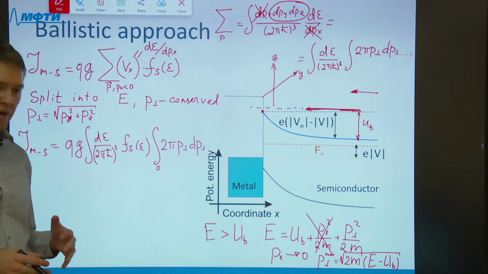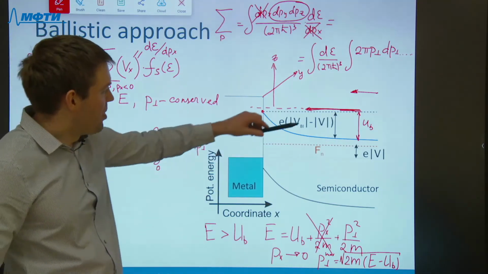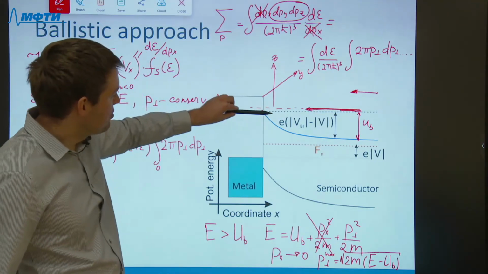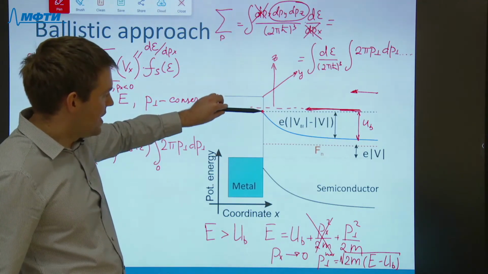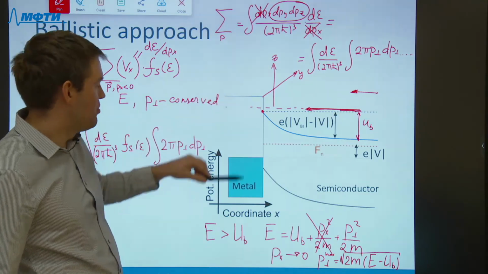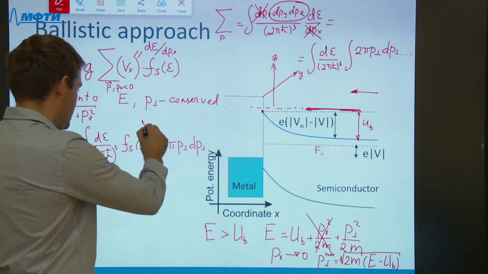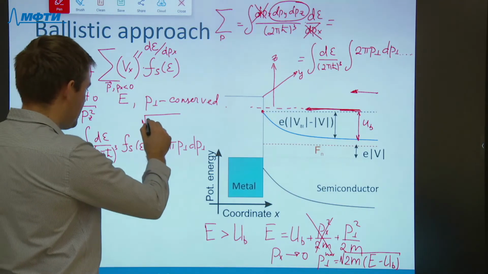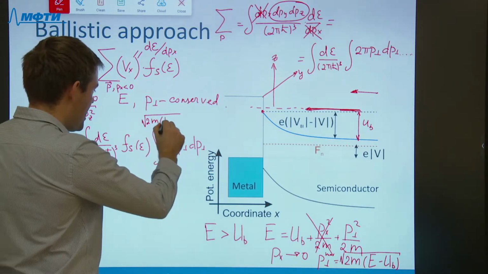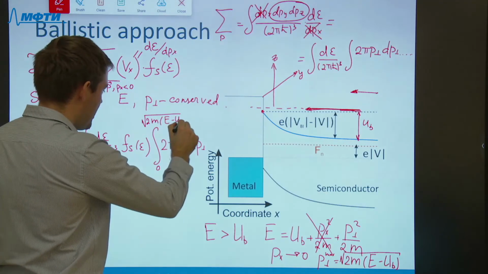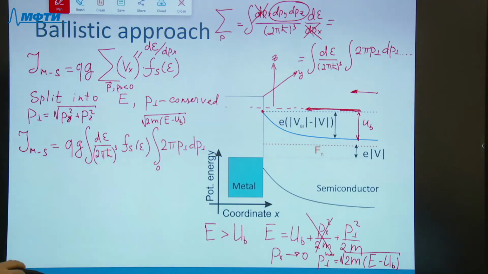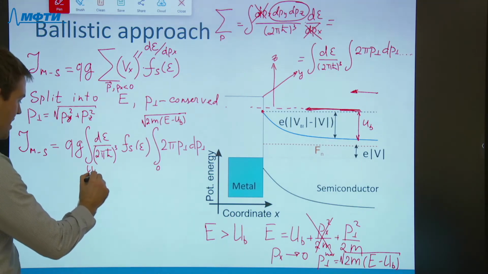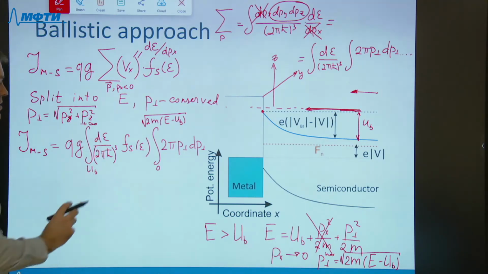It is determined by the condition that a particle with critical momentum stops exactly at the maximum barrier height. So we integrate over momentum from 0 to the square root of 2m times energy minus barrier height.